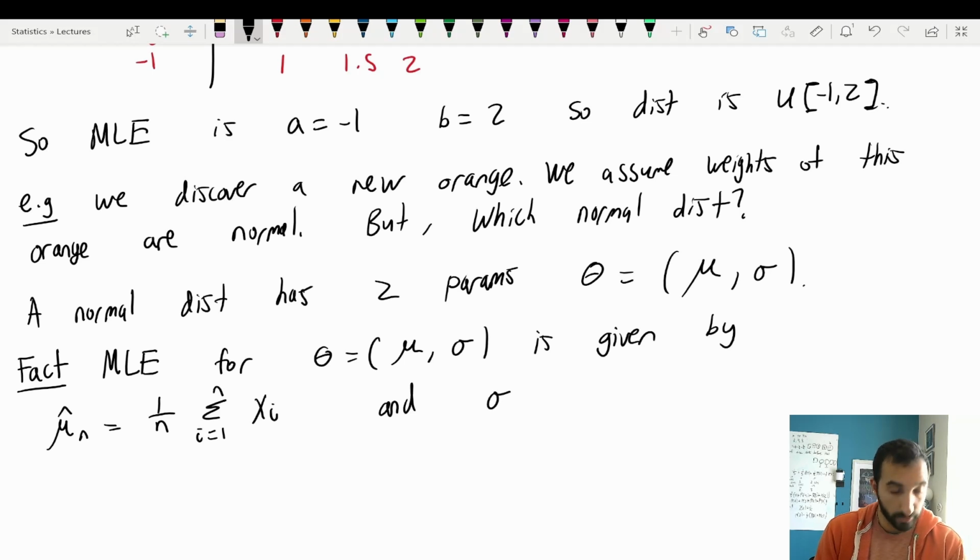So this is the uncorrected standard deviation. Sorry, this is an uncorrected sample variance, which you could take the square root of to get the standard deviation.